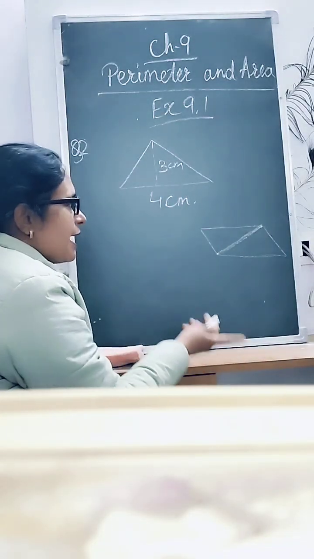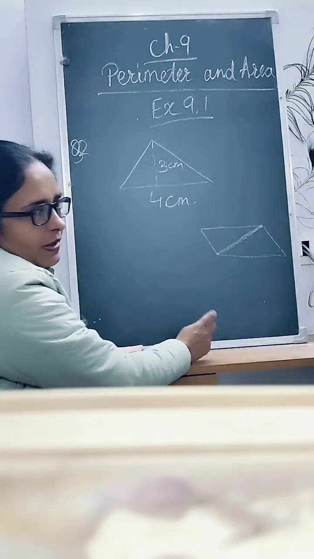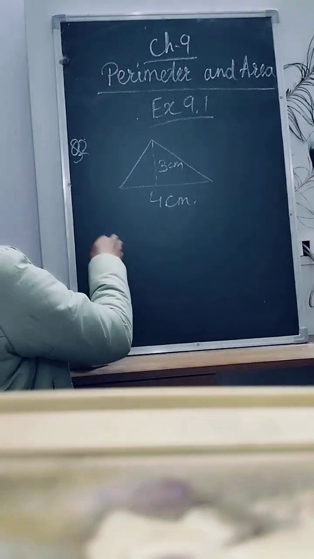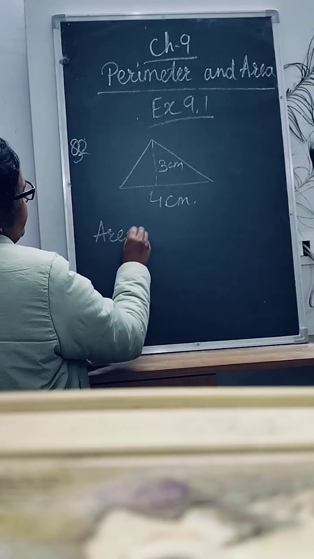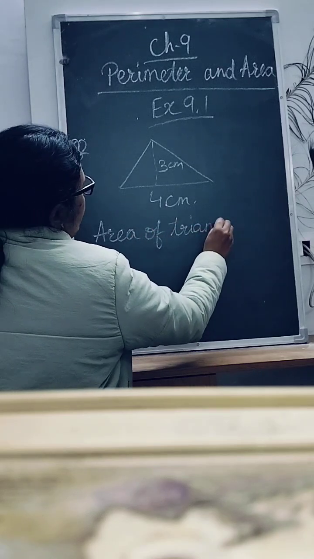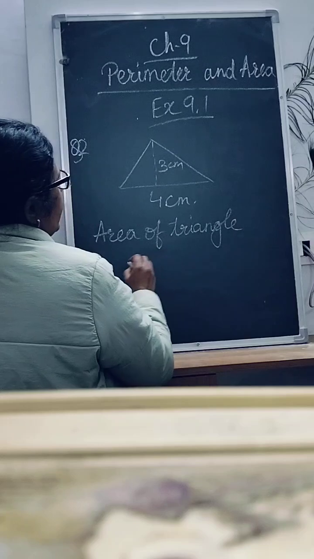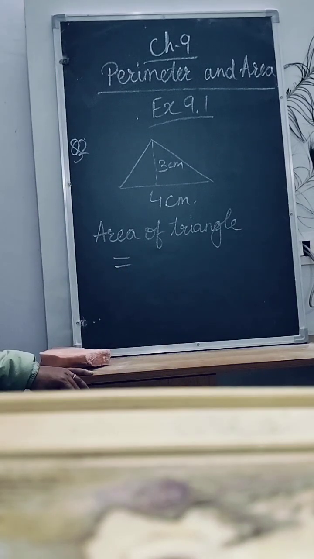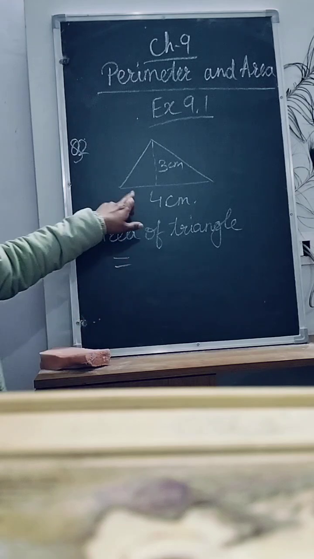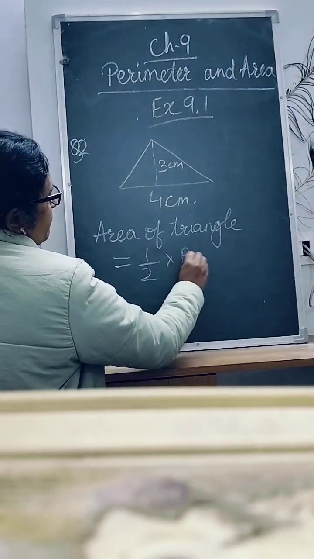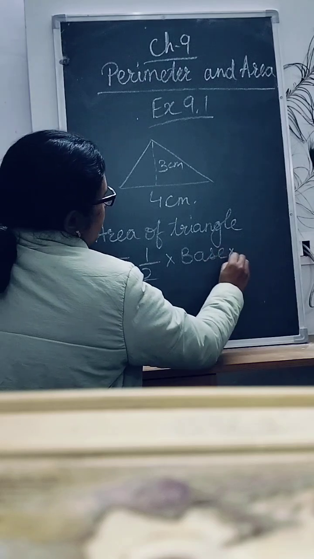As the triangle is half of the parallelogram, its area will also become half. So area of triangle is half multiplied by base into height.